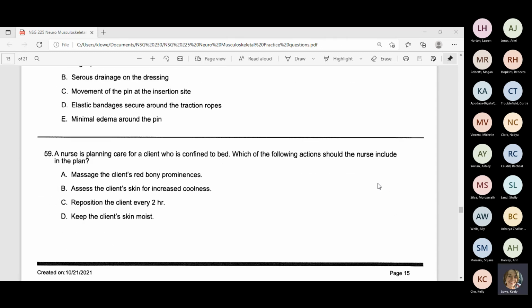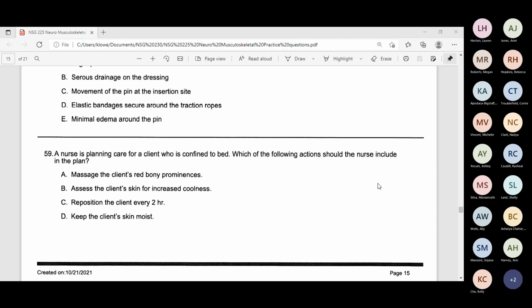Nurse is planning care for a client who's confined to bed. Which of the following actions should the nurse include in the plan? So what would we do for our patient? C. Reposition the client.